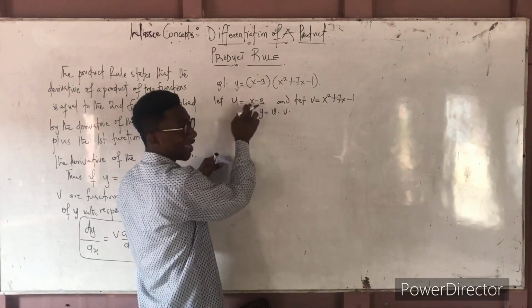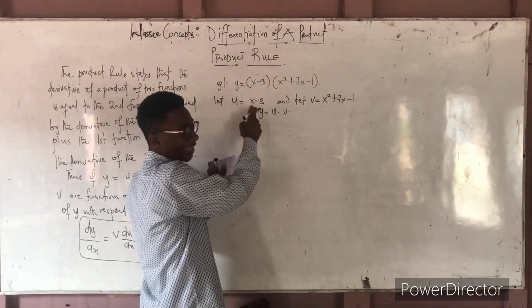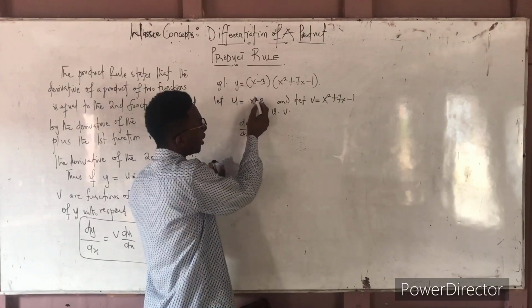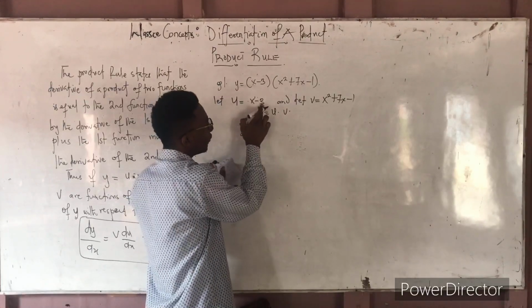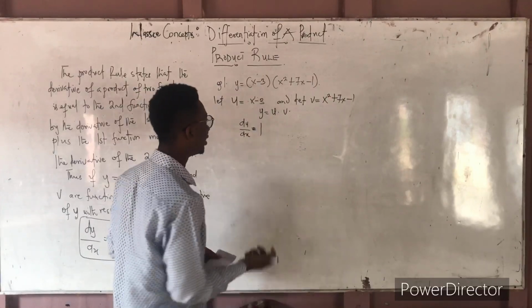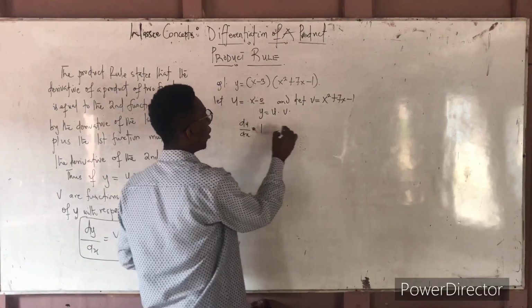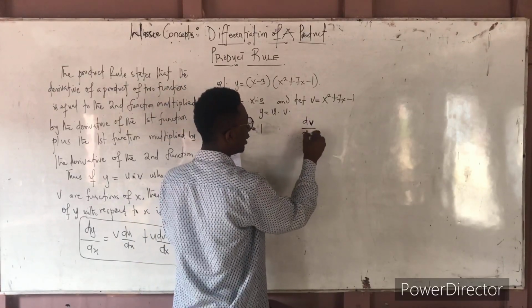We differentiate each term from the general rules of differentiation. Differentiating x gives you 1, and differentiating a constant is 0. So minus 3, if you differentiate it, is 0. So it becomes 1 minus 0, which is the same as 1. And you also have to find dv/dx.